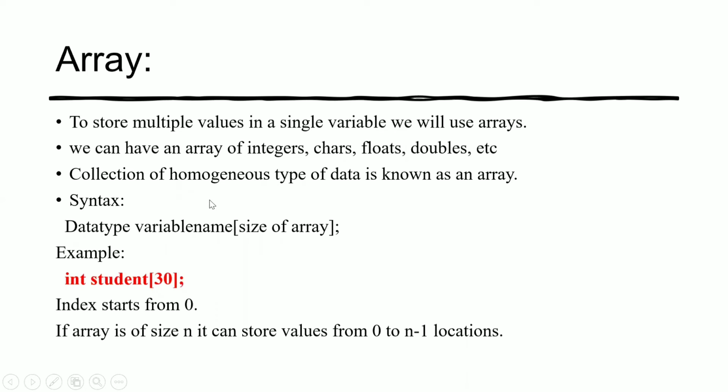So array is a collection of homogeneous type of data, or collection of same type of data. We can have array of type integer, character, float and double.